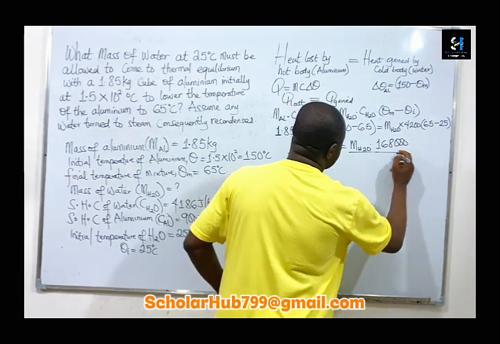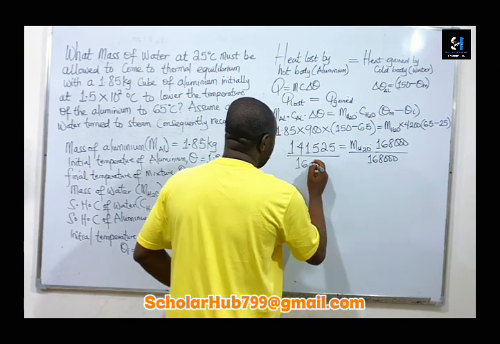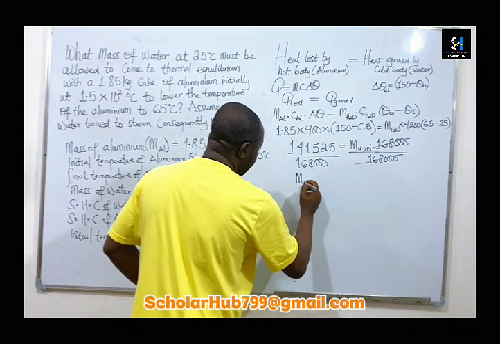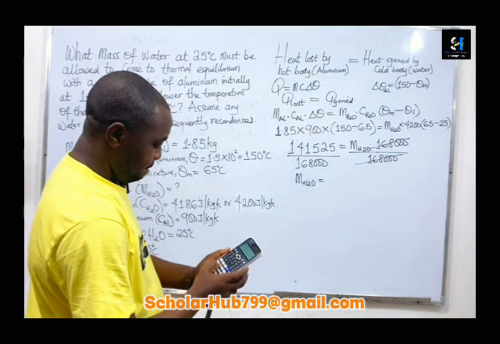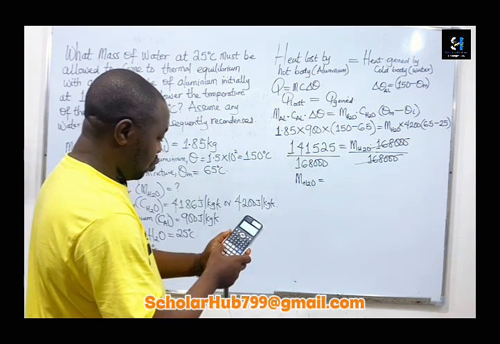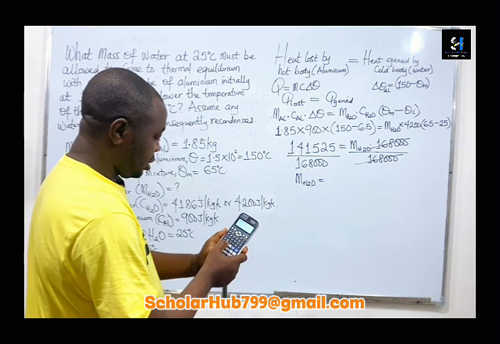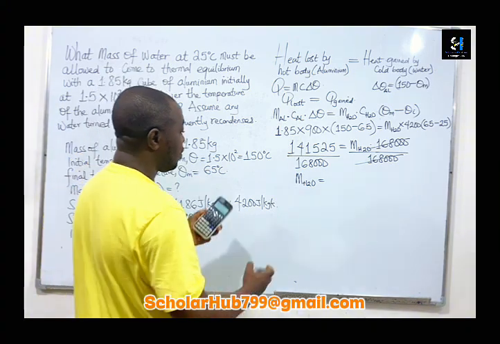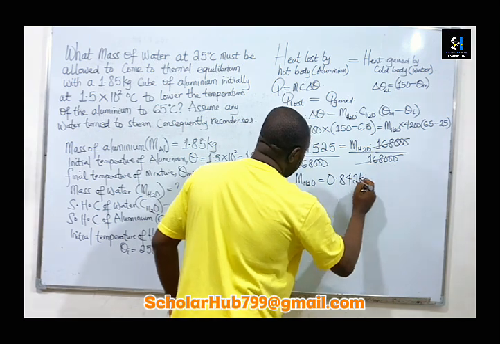Which is 168,000. So now I can divide both sides by 168,000. So the mass of water will be equal to 141,525 divided by 168,000, which equals 0.842 kilogram.